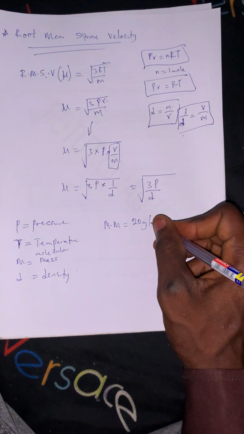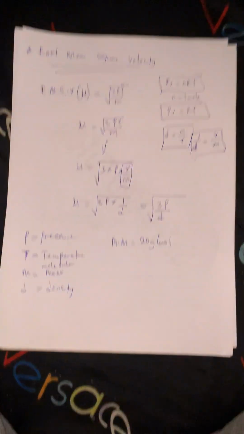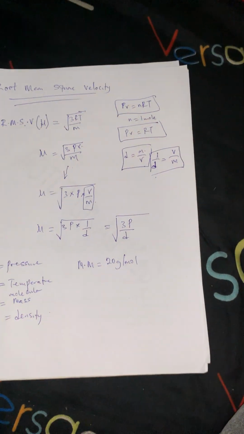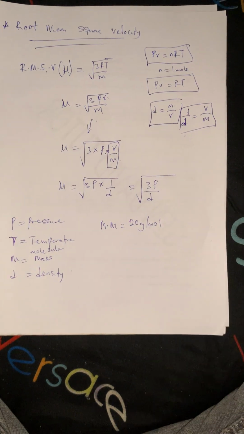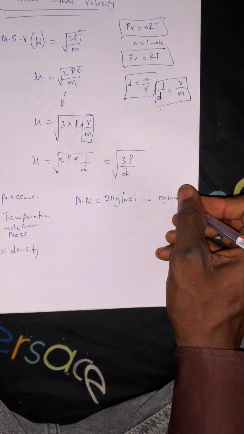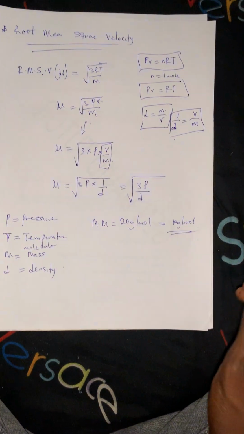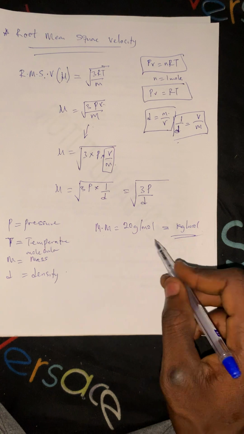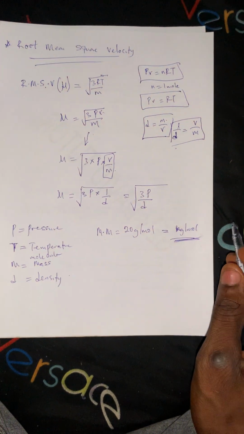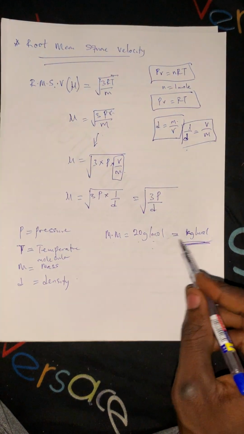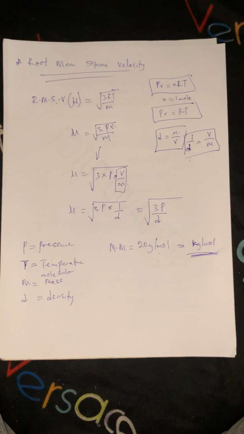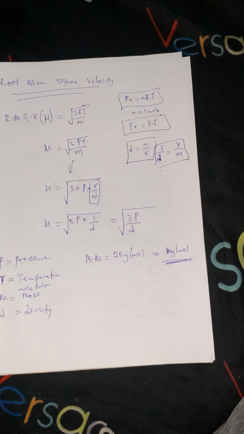So the molecular mass will be 20 gram per mole. If you are given it in gram like this, then you divide by 1000, so your answer will be converted to kilogram per mole. But if you are given the molar mass in kilogram per mole straight, then use it as it is. But if you are given it in gram per mole, you have to divide by 1000 before you can use it in the equation. So that is all about this aspect.